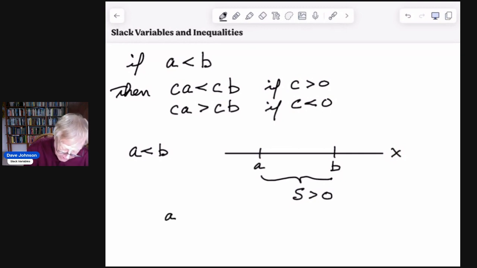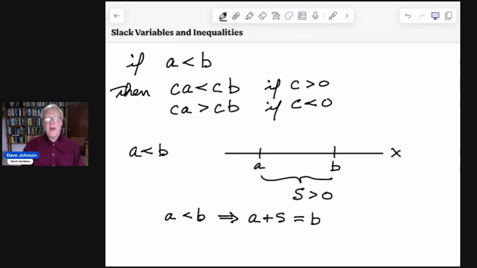So a less than b is the same as a plus s is equal to b for some value of s. And we don't know what s is usually, nor do we care in this case. All we really want to know is that a is less than b. And if that's the case, then s has to be positive.